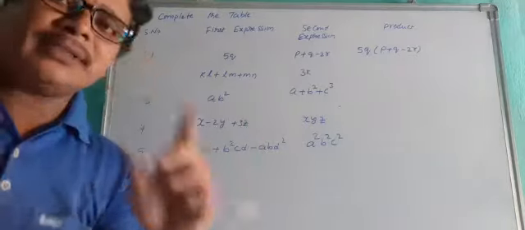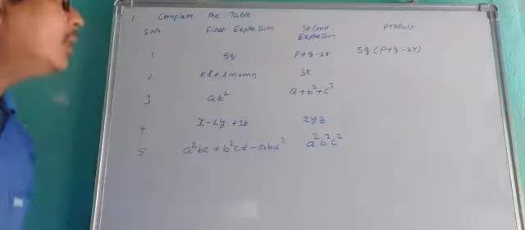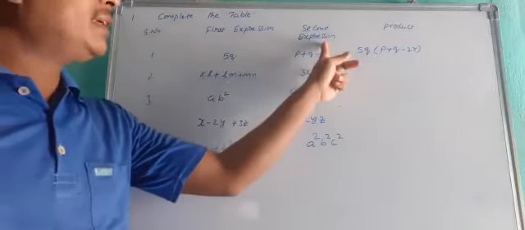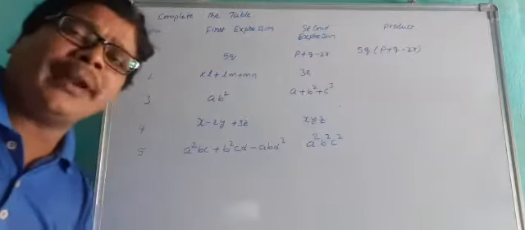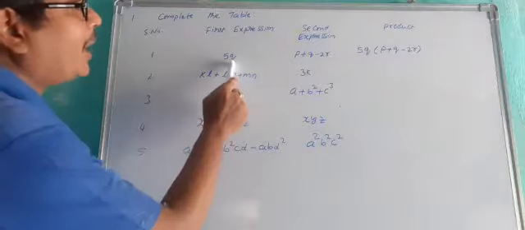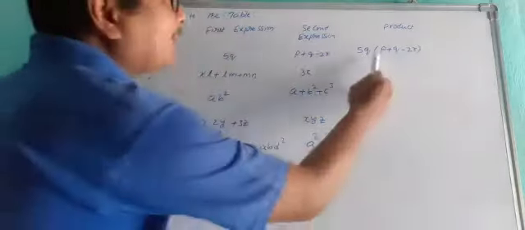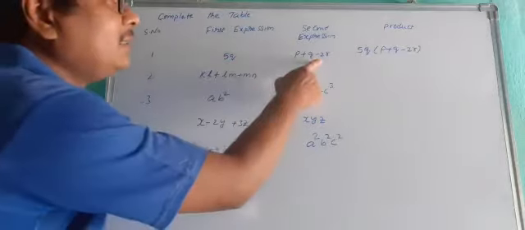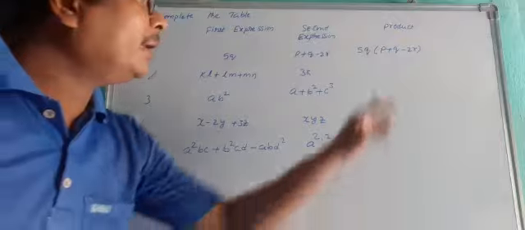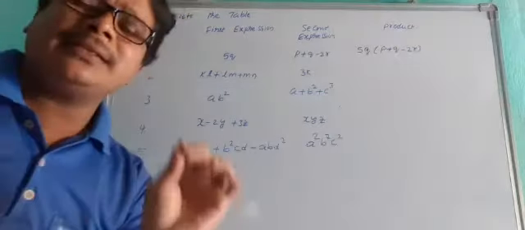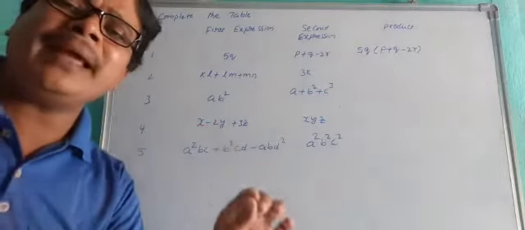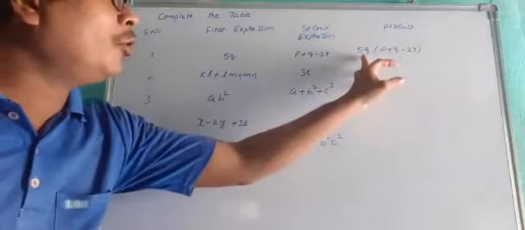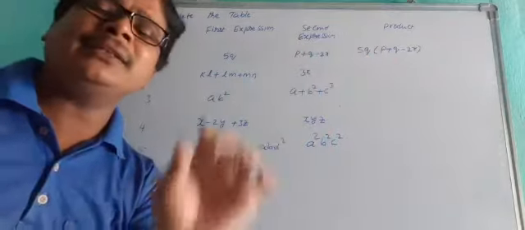Now, first question in 11.2. Complete the table: serial number, first expression, second expression, and their product. So first one, 5q into p plus q minus 2r. This is the monomial and this is the trinomial. How to multiply monomial with trinomial? Simply, you multiply each and every term of the trinomial with the given monomial 5q and you get their product.